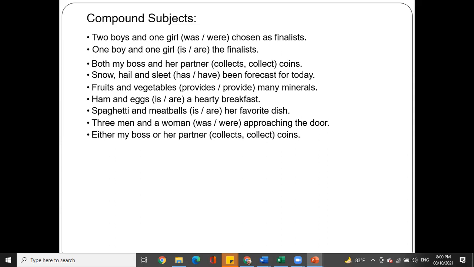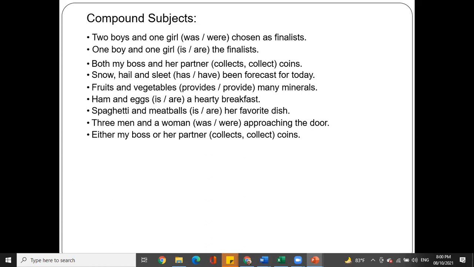were approaching the door. Either my boss or her partner collects coins. Okay, so if the conjunction is "or," previous to that, all the conjunctions we've seen is "and," right? But suddenly you have "or." So the rule states that the subject closest to the verb is the authentic subject. So partner is he, she.